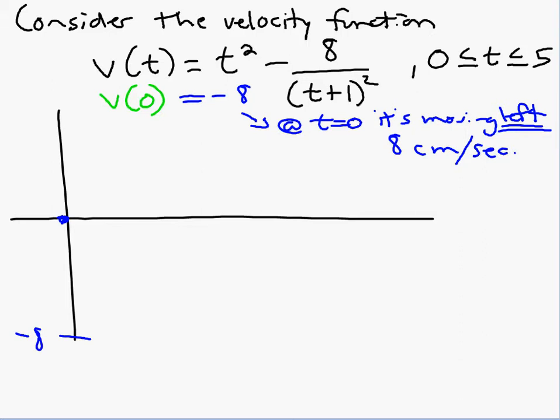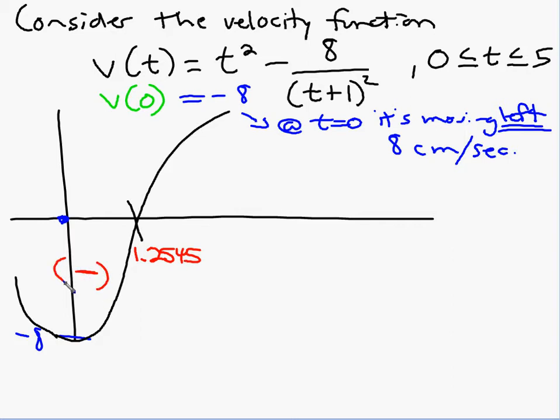Well, let me just sketch the rest of this graph. Let's say that's kind of what this graph does, and it does some other things over here. But it crosses the x-axis at 1.2545. Now let's remember what we've learned in the fall. Here the velocity values are negative, which means it's moving left.